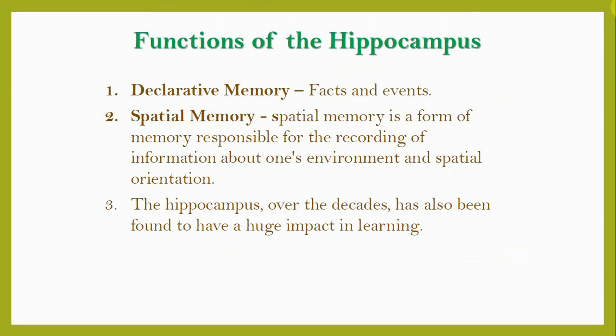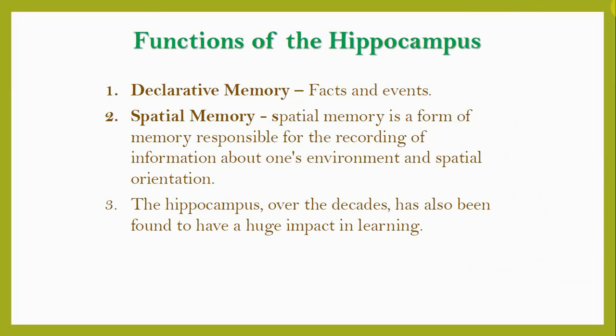The functions of the hippocampus: it has a role in two types of memory, called declarative memory, which is concerned with facts and events, and spatial memory. Spatial memory is a form of memory responsible for the recording of information about one's environment and spatial orientation.